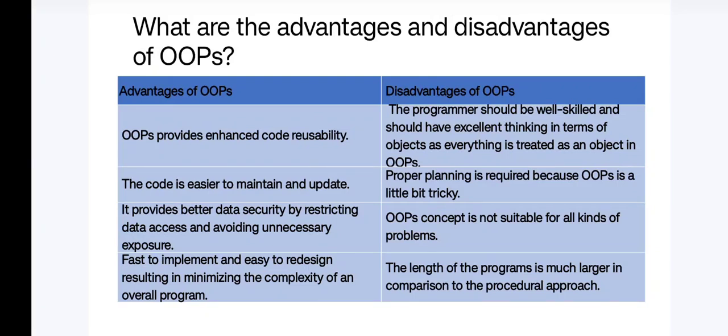Obviously when you do data hiding, data security is automatically achieved. We also have access modifiers. If you know the concept of access modifiers, it will be easier for you to understand this statement. I hope if you relate all this with this particular statement, you will understand it better.